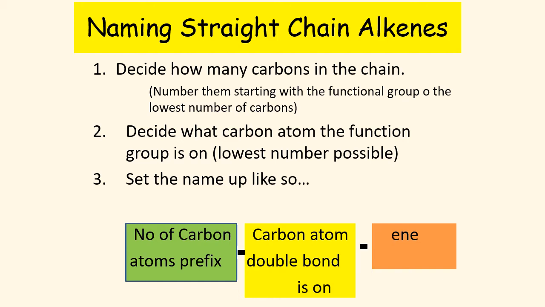You decide which carbon atom number the functional group is on. Remember, the functional group is going to be between two carbon atoms. Use the number that's the lowest of those two. And then you set up the name.